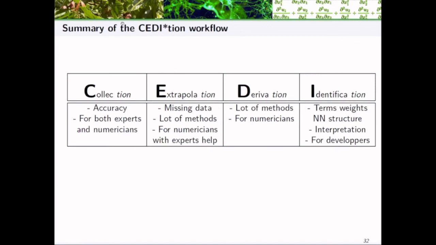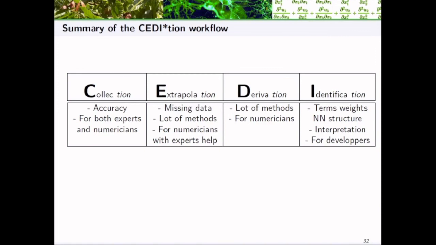Well, to make a summary, we raised 4 main steps for the workflow that extracts PDE from data. First, data collection, which requires accuracy, just like we said before. This task falls to both numericians and experts.